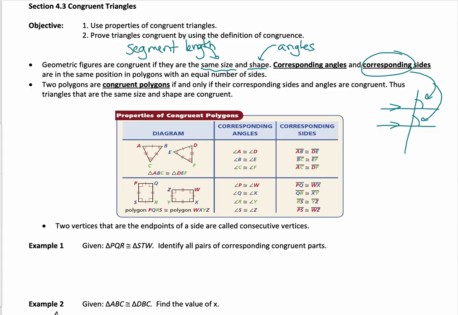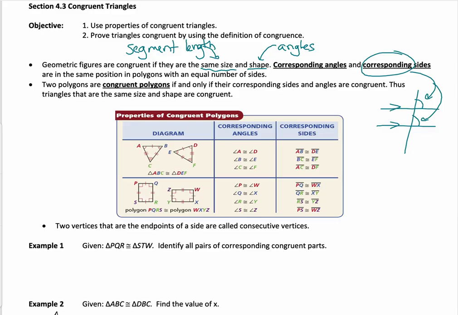Okay, so now that we've dealt with these corresponding angles and sides terms, we can talk about congruent polygons. Polygons, remember, are shapes that are made up of multiple segments, many sides. So a triangle is the simplest polygon. Two polygons are congruent if and only if both their corresponding sides and angles are congruent.